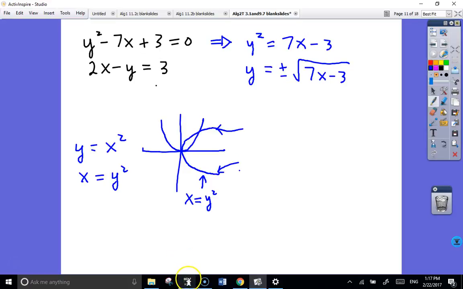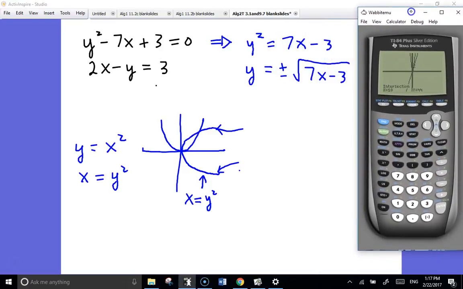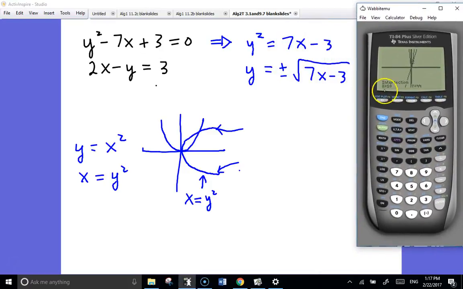So let's go to our calculator. I think I have room. Let me go to y equals and clear the second one first. I'm going to put the positive square root of 7x minus 3 on the first line, and then the negative square root of 7x minus 3.